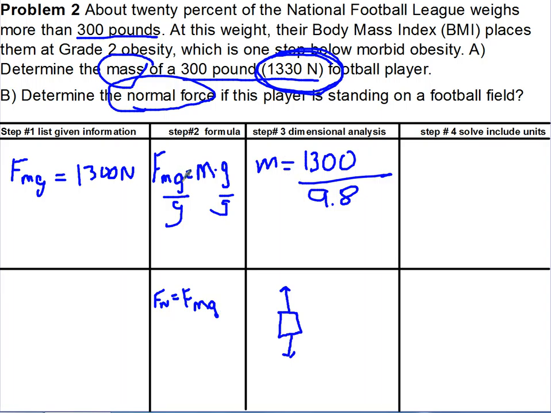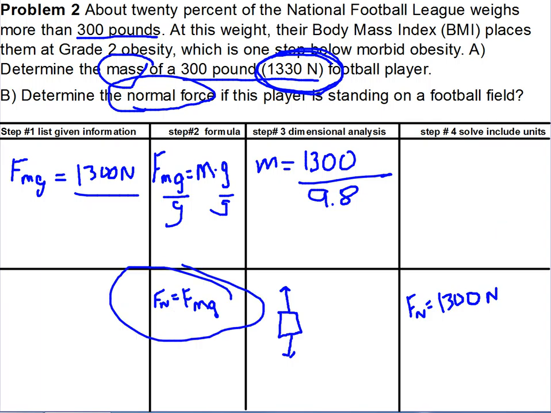So whatever you get, well, right here the 1300 force mg, that is your force normal. So your force normal in this case is the 1300 given to you by the question. Not really a calculation, mostly just to make sure that you remember this. This is important for you to remember. You're going to use that throughout the unit.